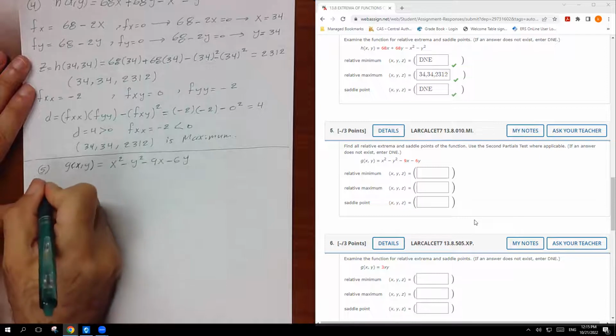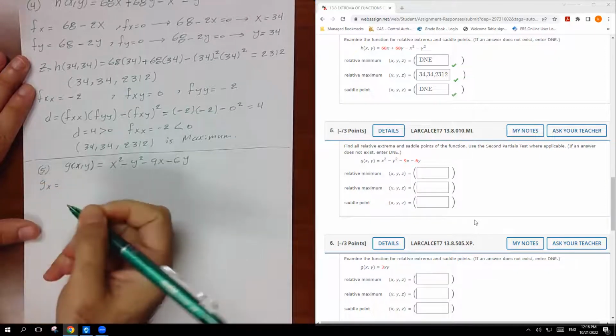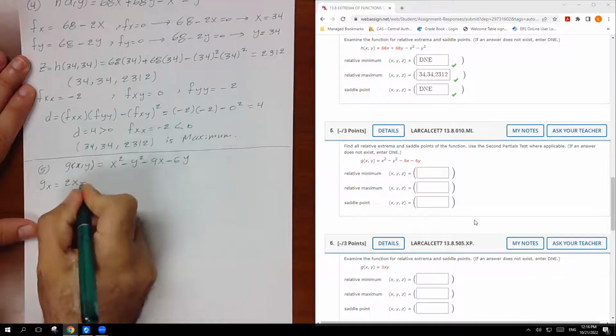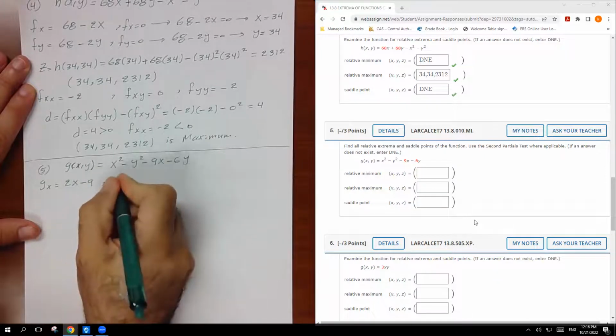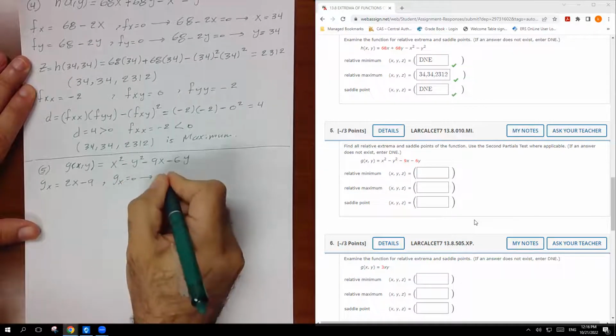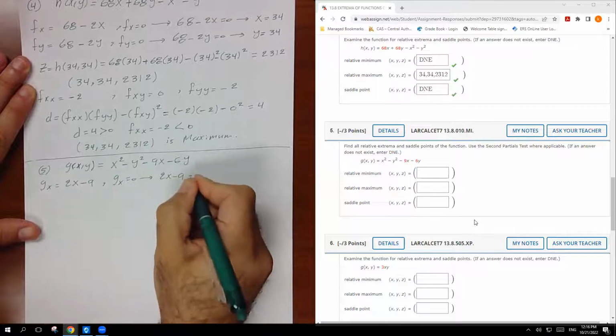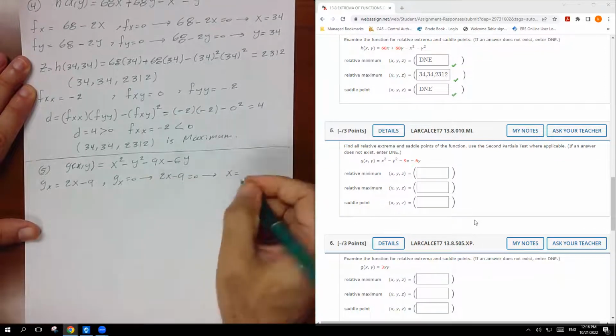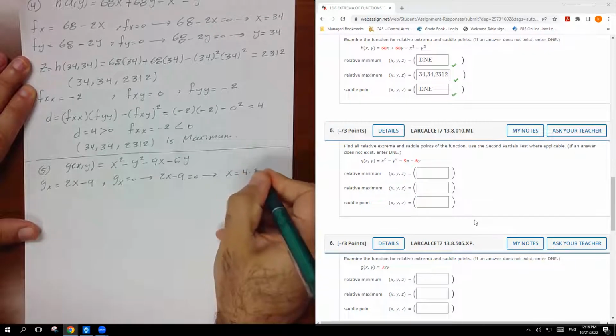The derivative with respect to x is 2x minus 9. Setting g sub x equal to 0 means 2x minus 9 equals 0, so x is 9 divided by 2, which is 4.5.